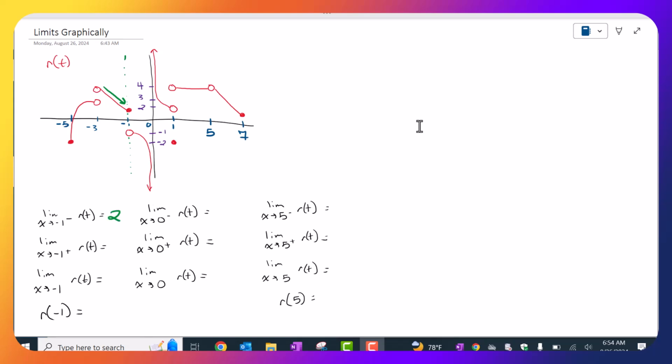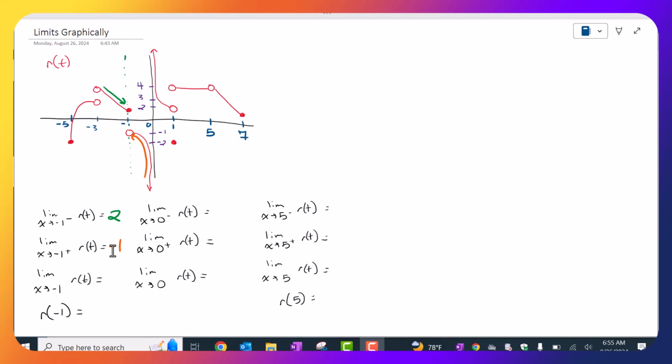Okay. And then if I come from the right, along this part of the curve, I'm getting closer to -1, even though we never touch -1, and the output is getting close to -2. And -2 is not equal to 2, so that means that our one-sided limits do not agree.